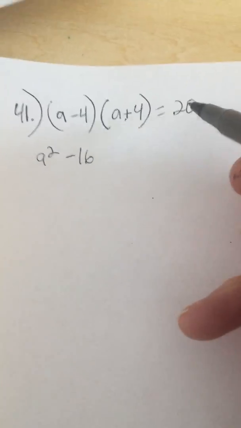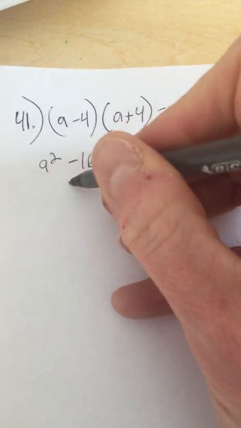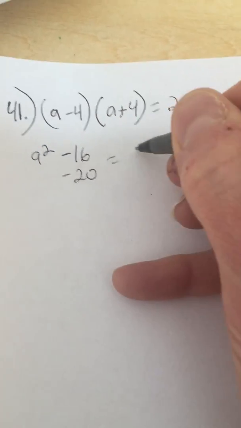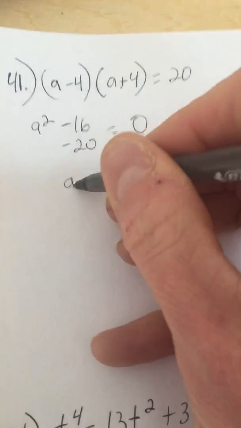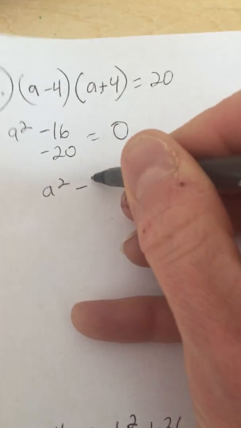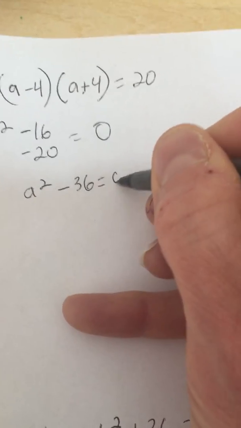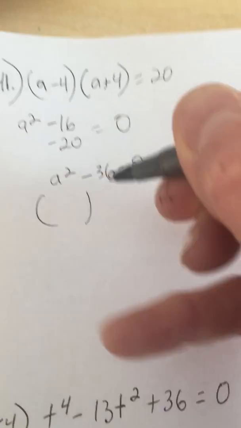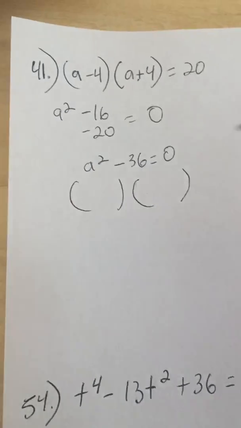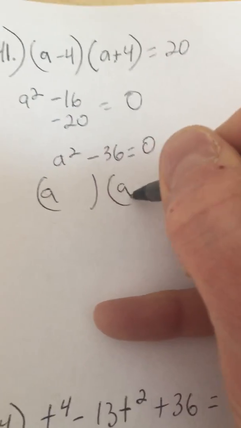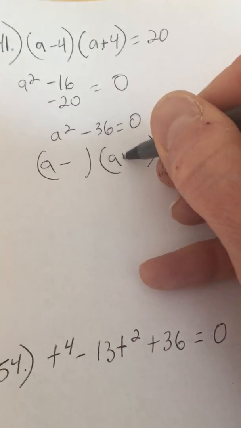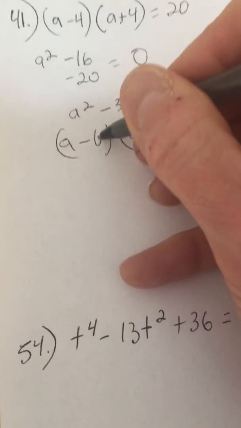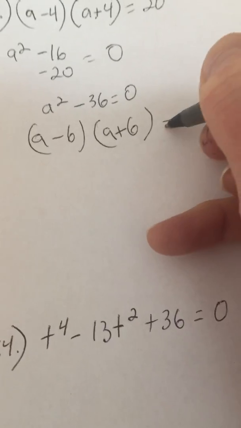Now I can bring this 20 over, so I have negative 20 more. So now I have a squared and a negative 36 equaling 0, and now I can factor this difference of squares. So a, and then I'm going to have a negative and a positive, and I know it's going to be 6.